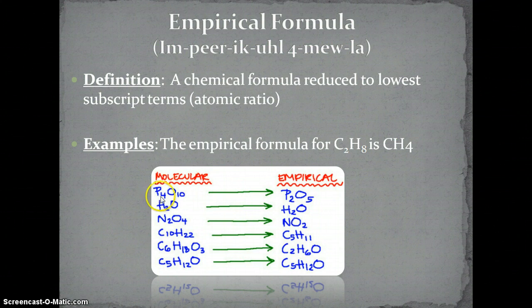So here we have the molecular formula P4O10, and reduced to lowest terms to get the empirical formula P2O5. So if both the subscripts are even, you can divide those both by 2 to get the lowest terms there. And just a side note, you're probably not going to see C2H8, but we'll know the reason why much later.